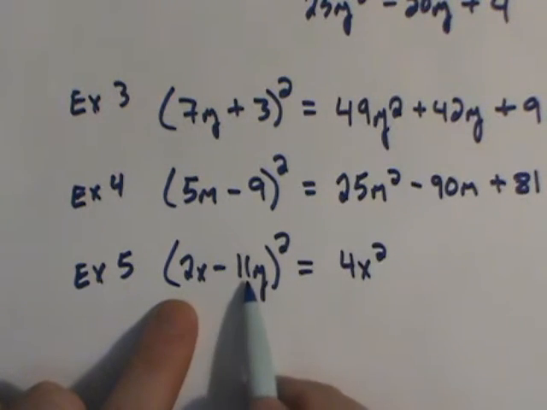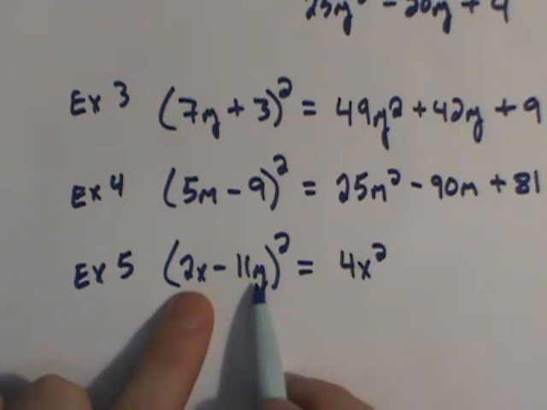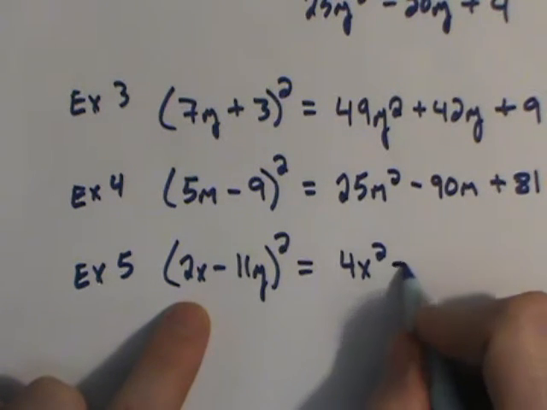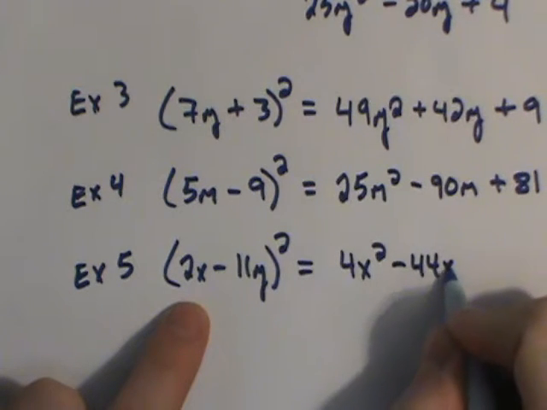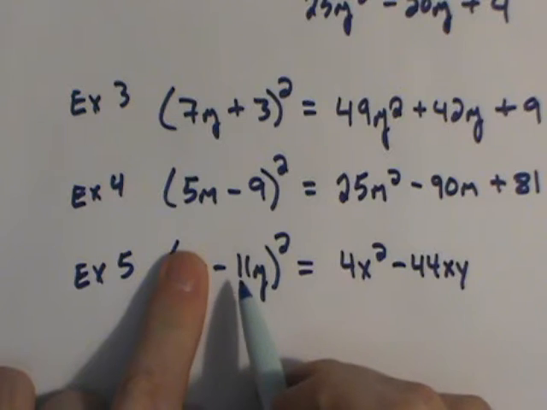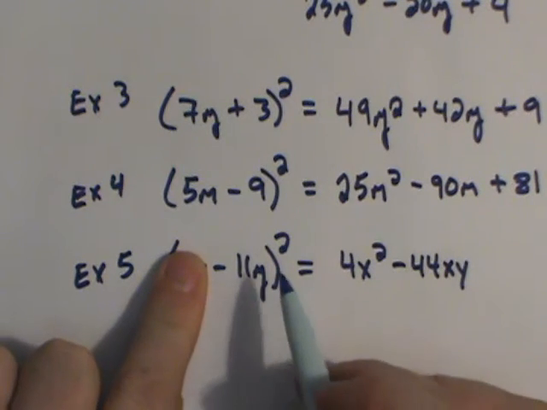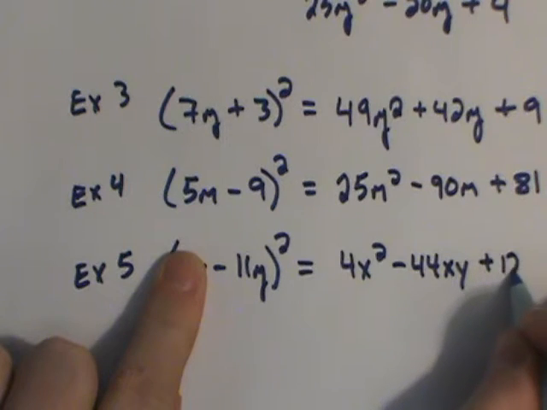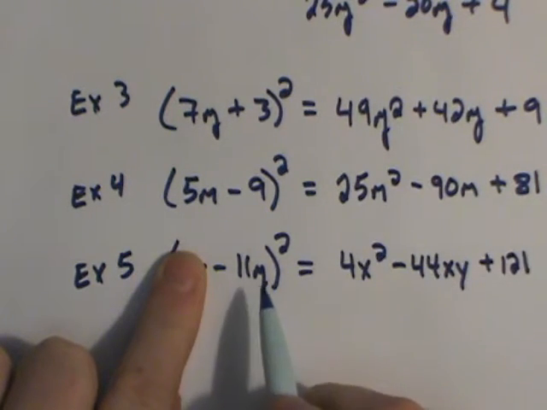I look at this product. 2 times negative 11 would be negative 22xy. I double it, so you owe me 22, you owe me 22, you owe me 44xy. And then I square this last part. Again, a proponent for knowing your squares. Negative 11 times negative 11 would be positive 121y squared.